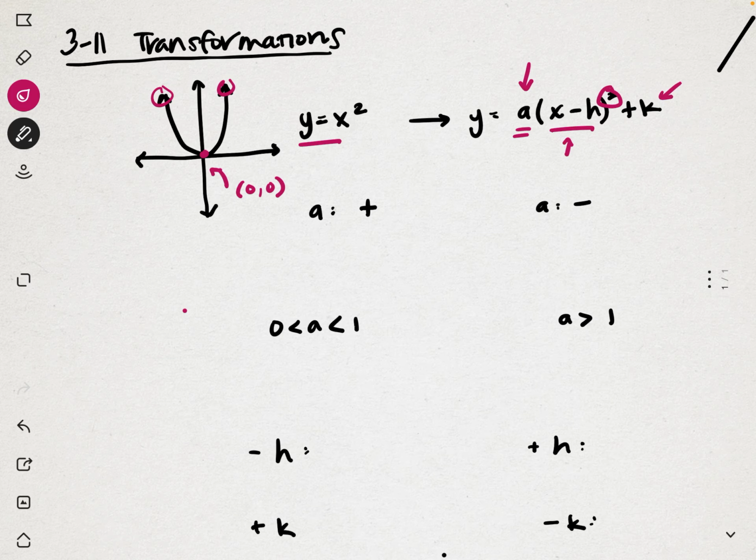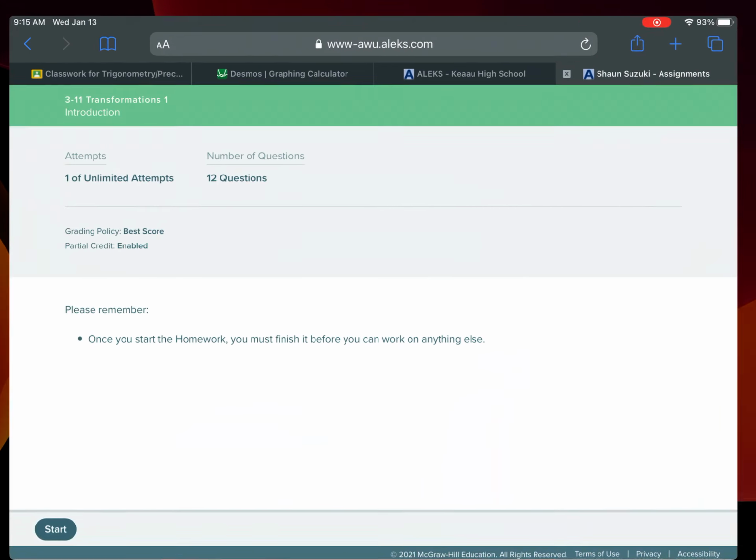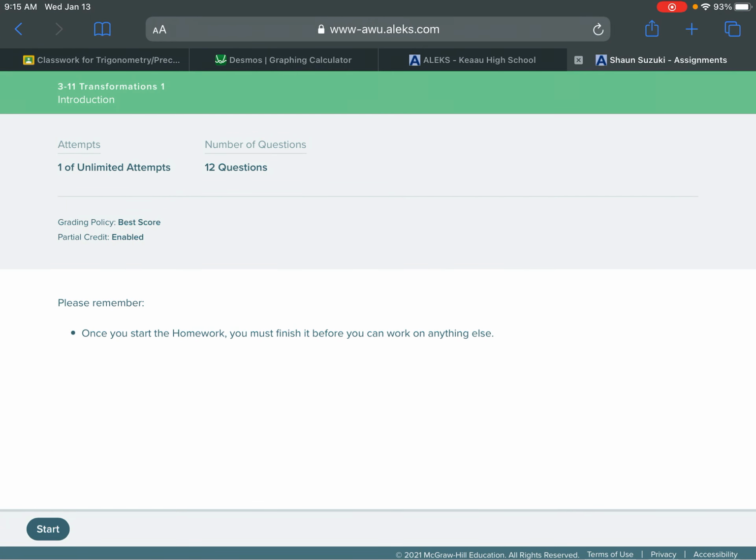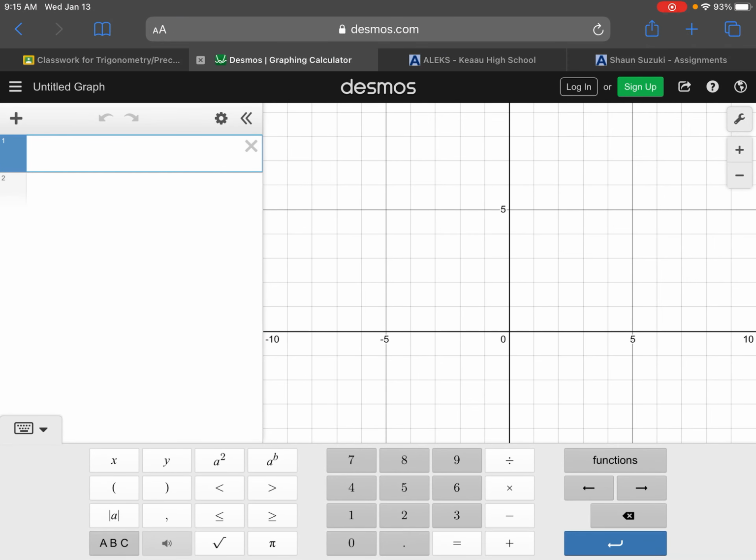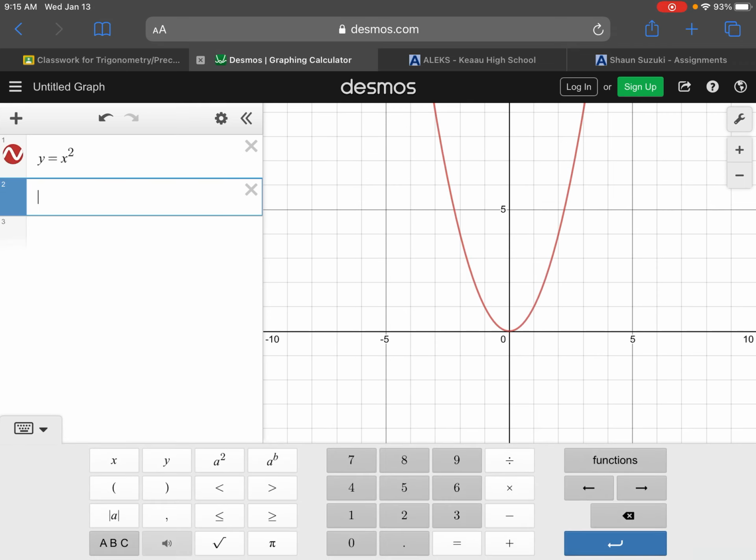So for a, let's pull up Desmos here. We'll put in y equals x squared, and we see that's the same parabola we were looking at at the very beginning. Now let's look at what the different transformations do.